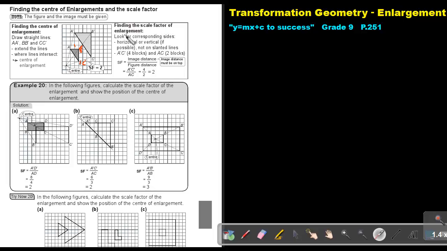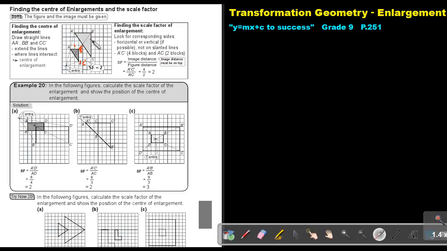Finding the scale factor of the enlargement. Look for corresponding sides, meaning, if you look at B dash C dash or BC. If possible, not slanted lines, so rather a horizontal line or a vertical line.